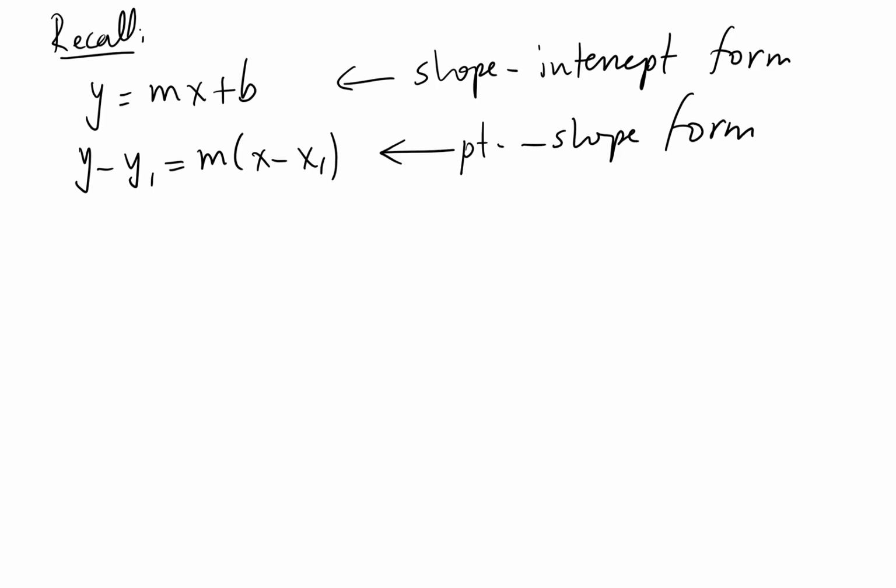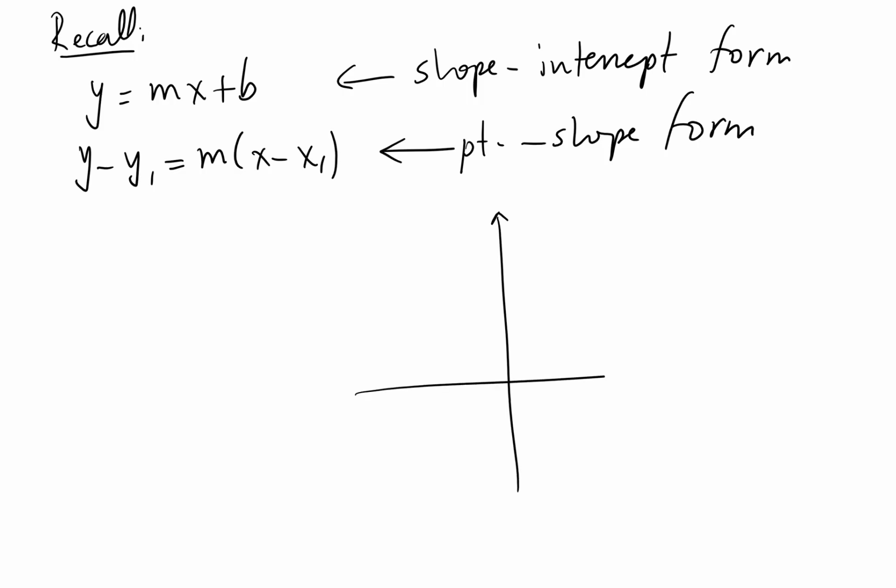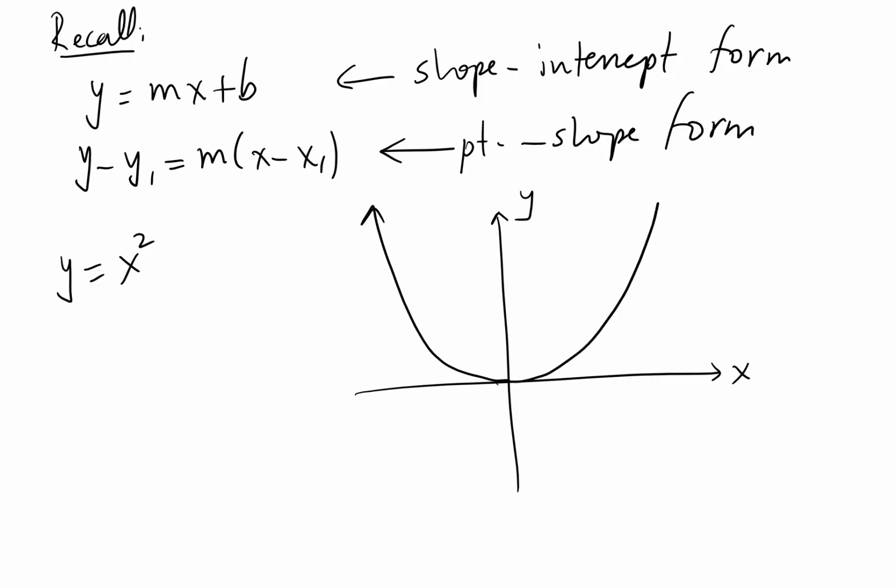So how do we do this? Let's take a function, say y equals x squared. This is the graph of y equals x squared.